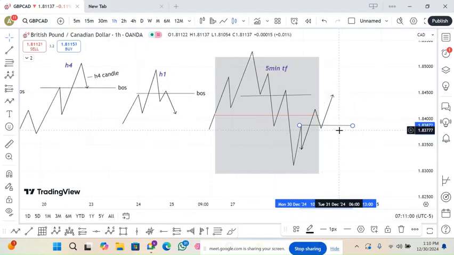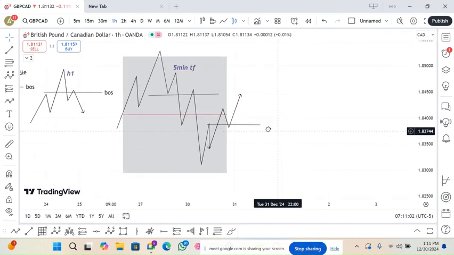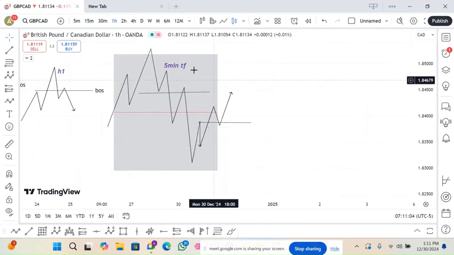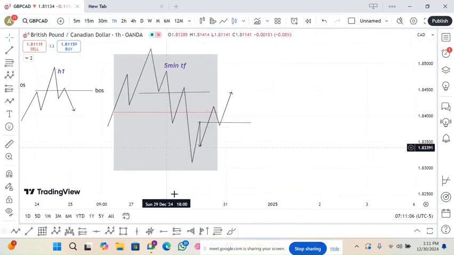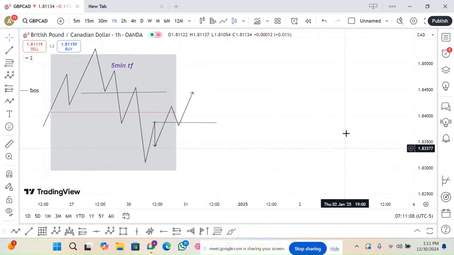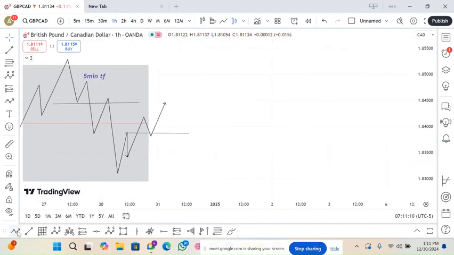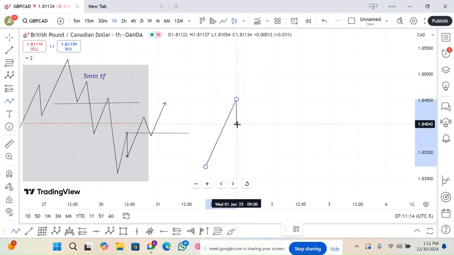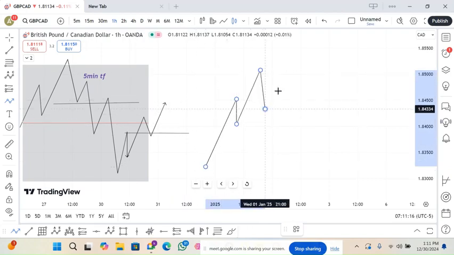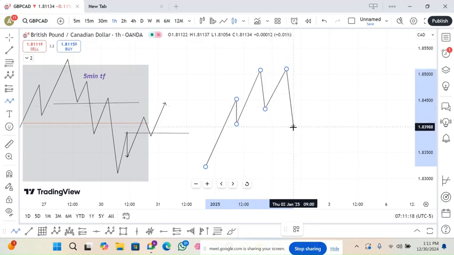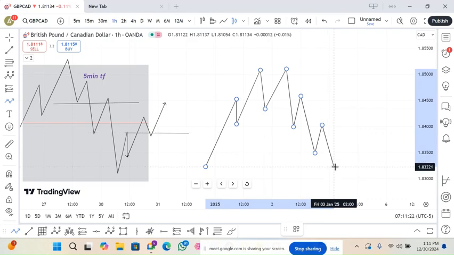So now, I want to dive into the theory that you need from this area. We now have a 5 minute structure like this, giving us a bearish formation in a bullish daily time frame.